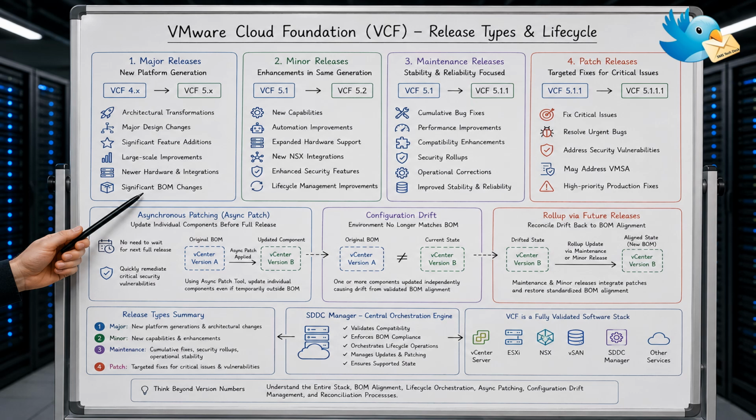So from an operations perspective, if you are working on upgrade, update, or installing patches, then you should be familiar with these release options. That is the objective of this training, to make you aware of what the release types and lifecycle options available are.